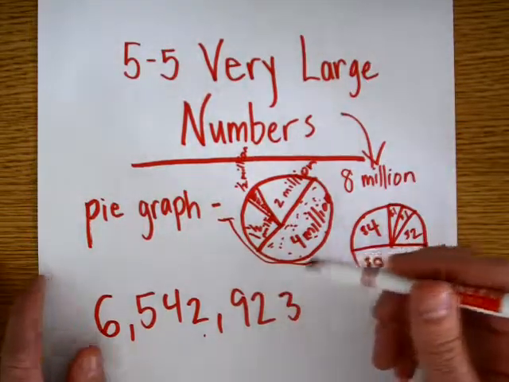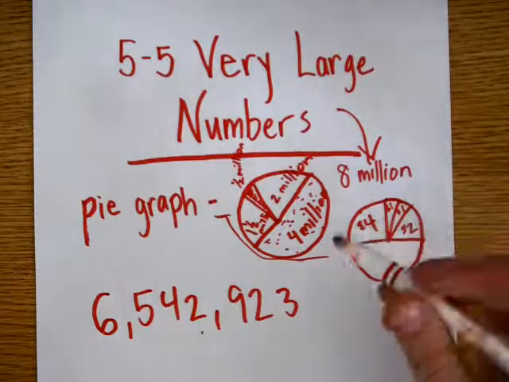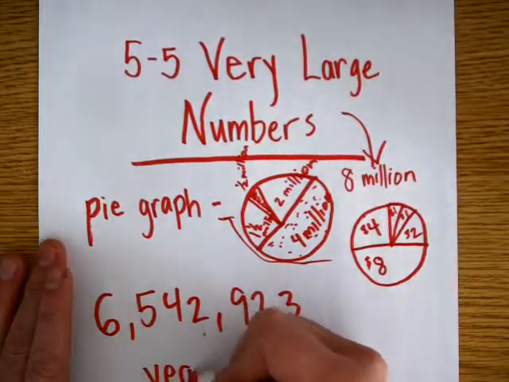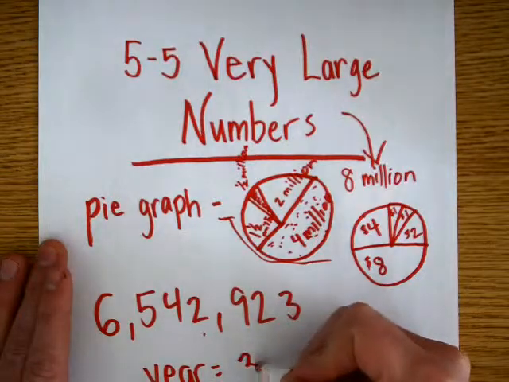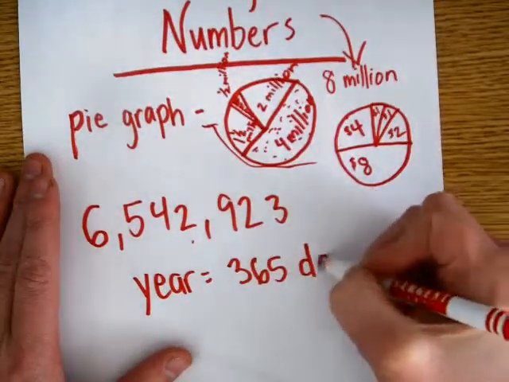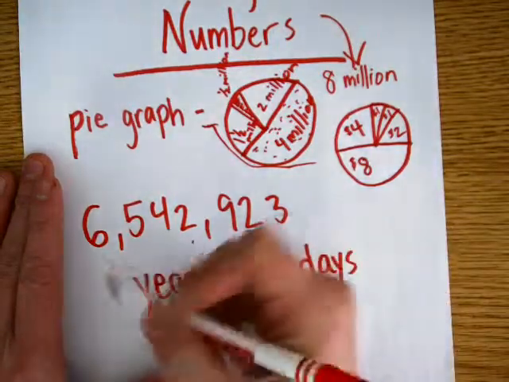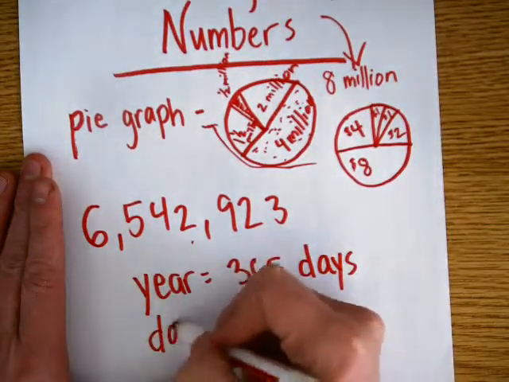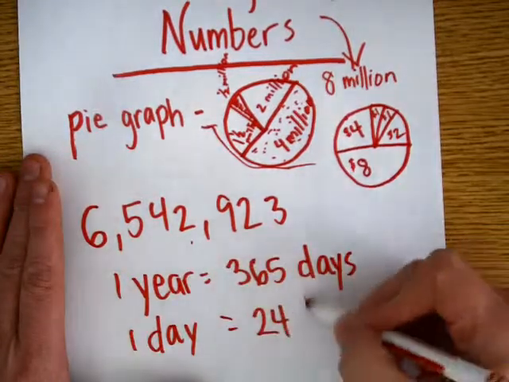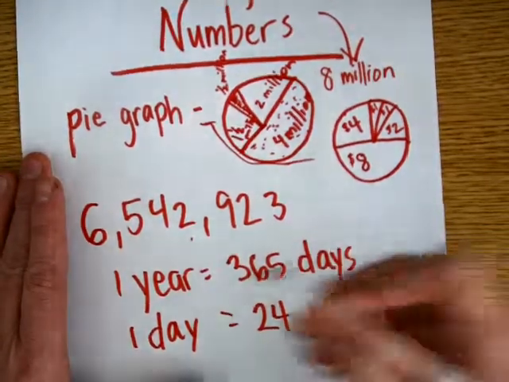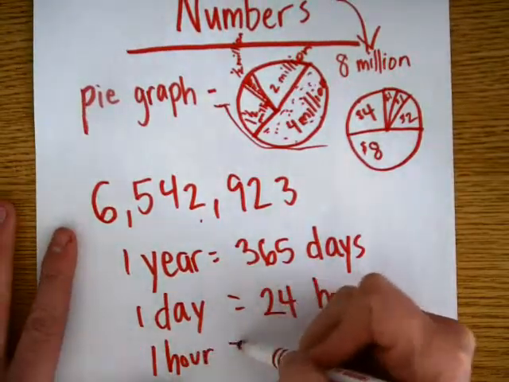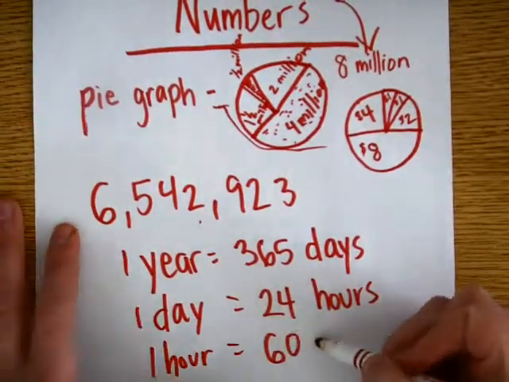minutes, hours, days, and years, how much of each goes in there. So for example, 1 year we want them to know equals 365 days. 1 day equals 24 hours. 1 hour equals 60 minutes.